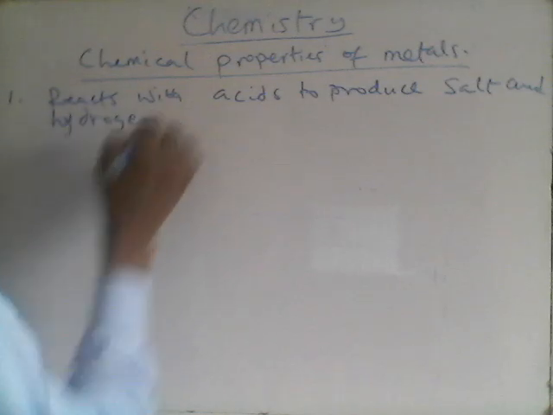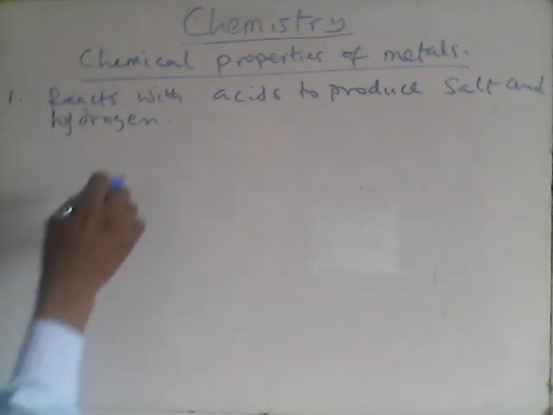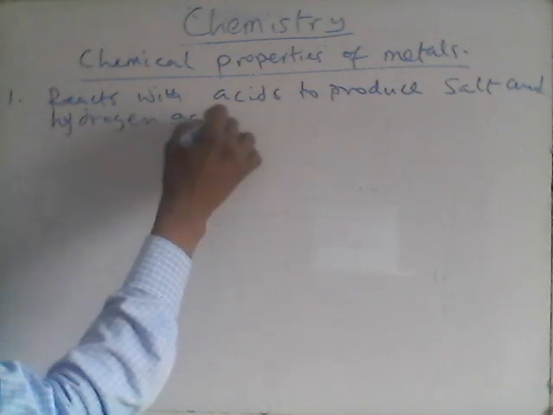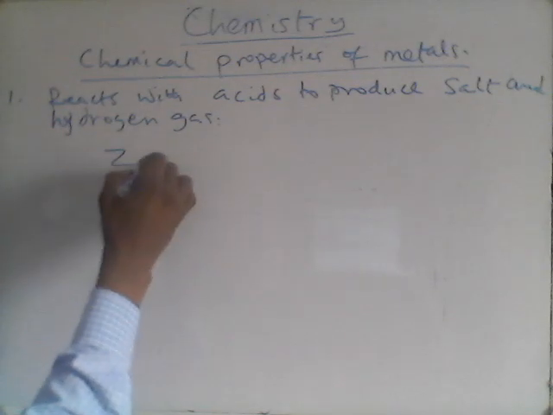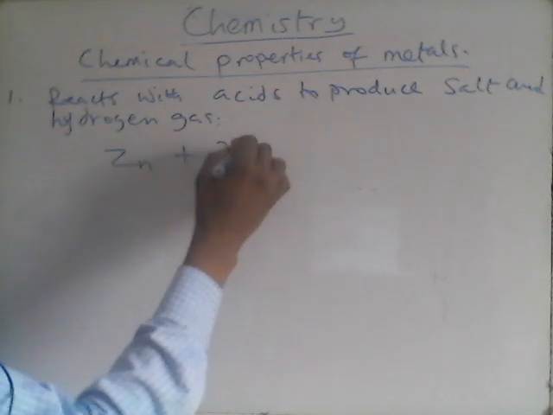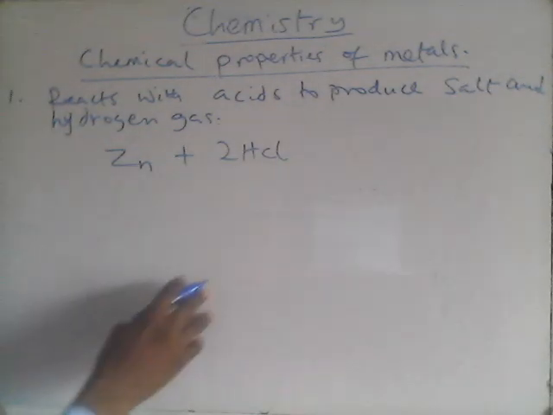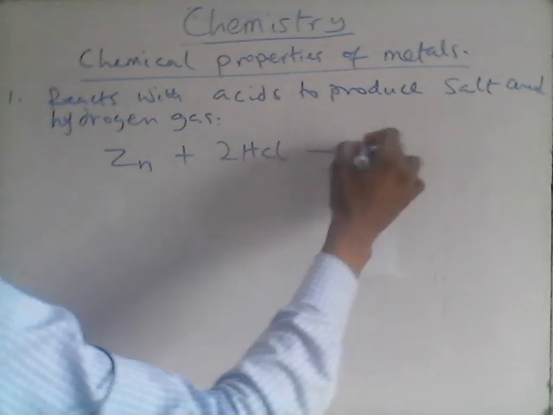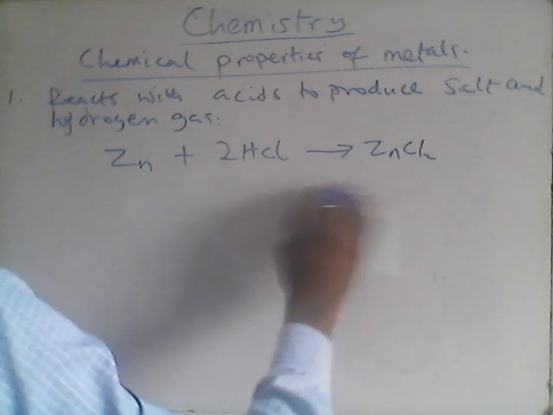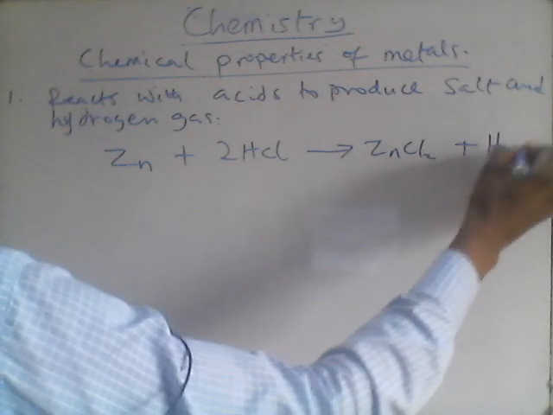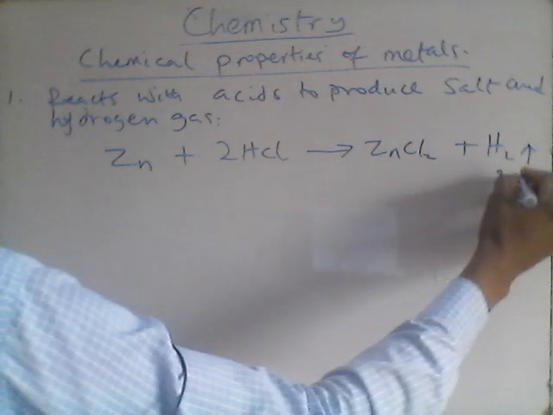A case in example is when zinc, which is a metal, reacts with hydrochloric acid, it forms zinc chloride and hydrogen is liberated. So this is hydrogen gas liberated.